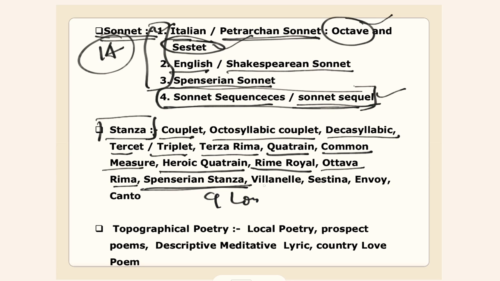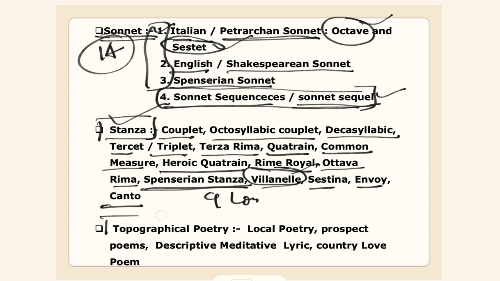Please remember villanelle, sestina, envoi, canto. These are the important terms associated with stanza. One time the question was asked, villanelle in India is associated with poetry, prose, novel, and drama? The answer will be villanelle. So it is associated with the poetry section.